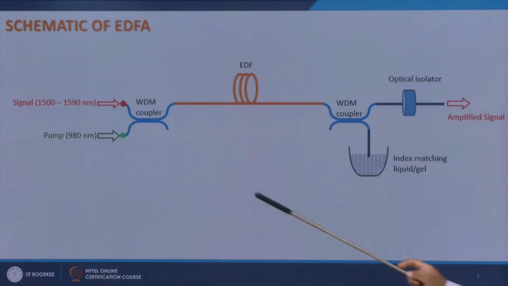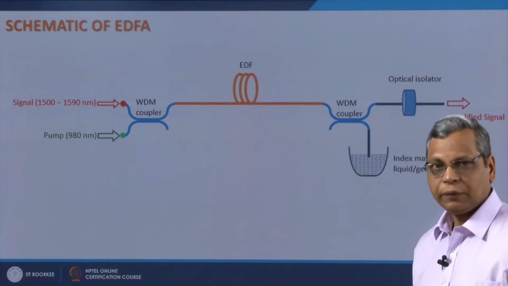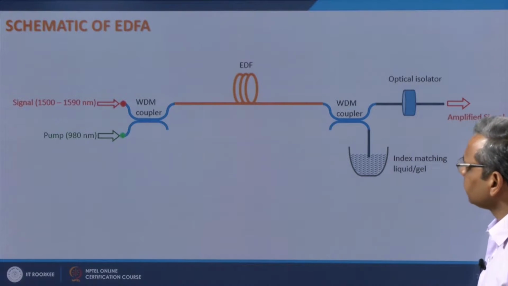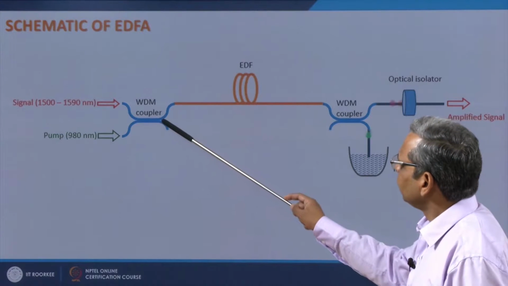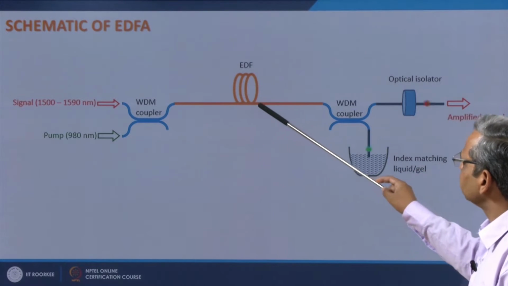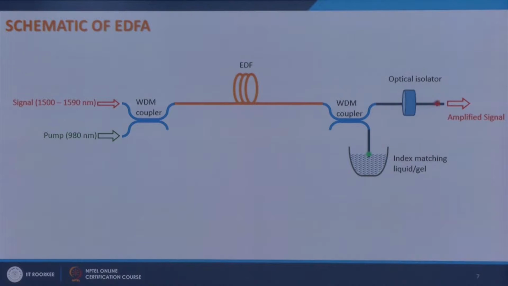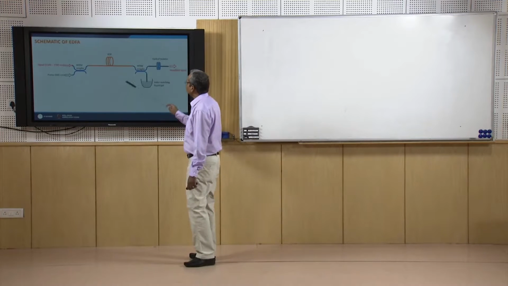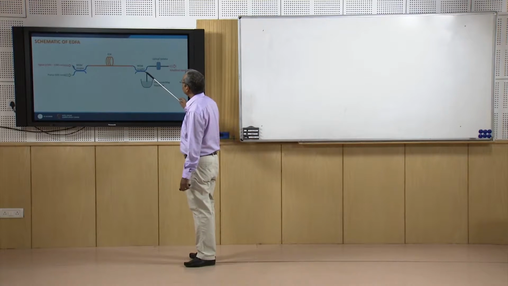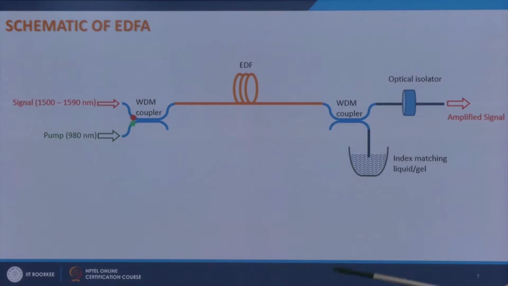So, for that you use a WDM coupler, we already talked about that. With the help of this WDM coupler, you send both the wavelengths in this erbium doped fiber, where the signal gets amplified, and after amplification you decouple the pump and your signal goes through.